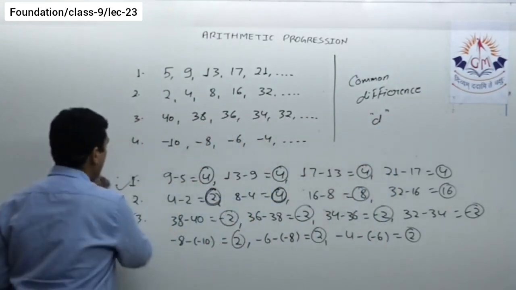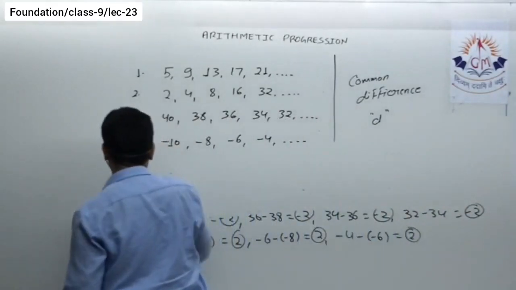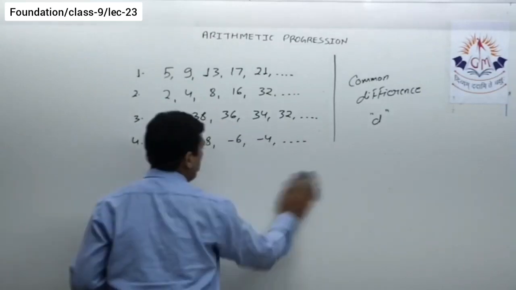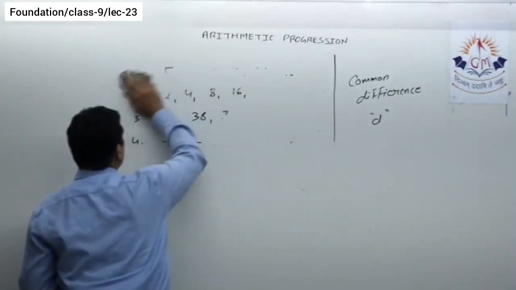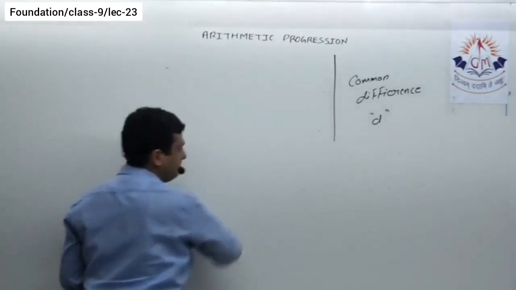One thing more, arithmetic progression for short is known as AP. So now we'll write the definition of the arithmetic progression.